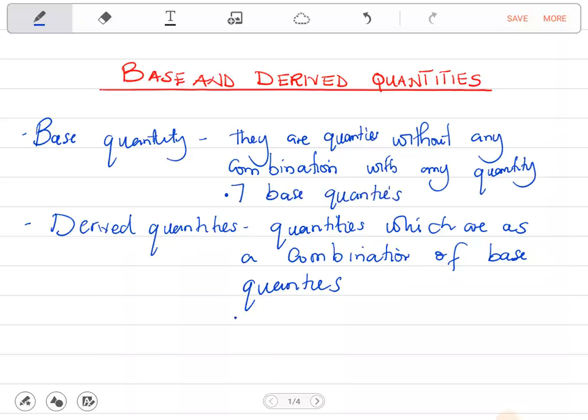The derived quantities are quite a lot, uncountable. For example, you can get distance or length and combine it with time, the one you call meter per second, which is velocity. Velocity is a derived quantity.